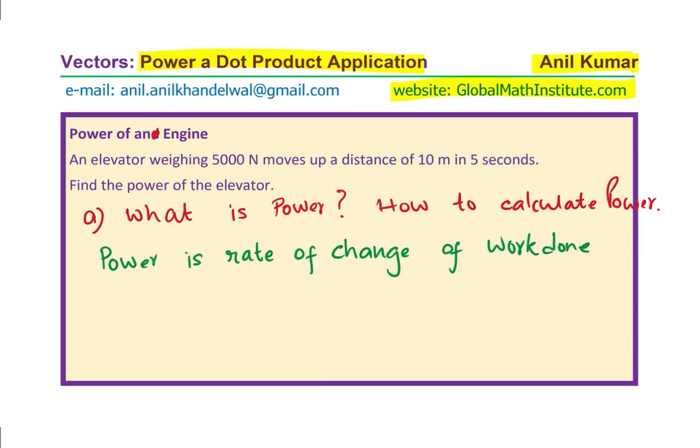So if power is P, then we can write power as rate of change of work done. You get the idea. That is how power is defined. The units for power are watts or joules per second.